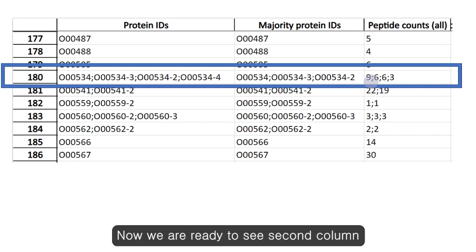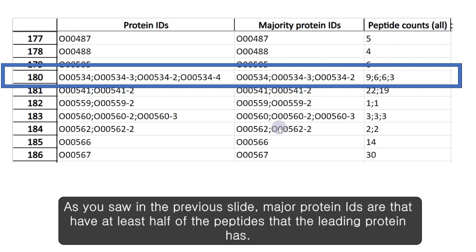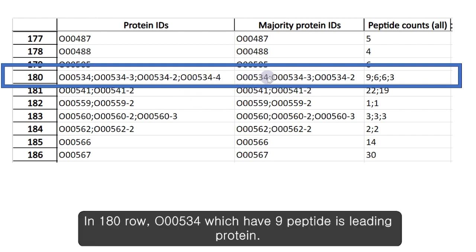Okay, now we are ready to see the second column. The second column shows major protein IDs. What is a major protein ID? As you saw in the previous slide, major protein IDs are those that have at least half of the peptides that our leading protein has. In row 180, O00534, which has 9 peptides, is the leading protein.